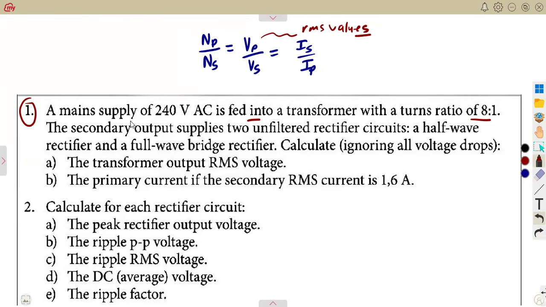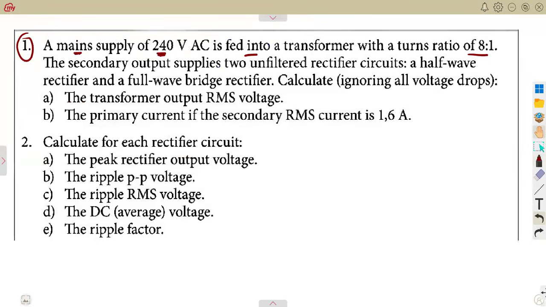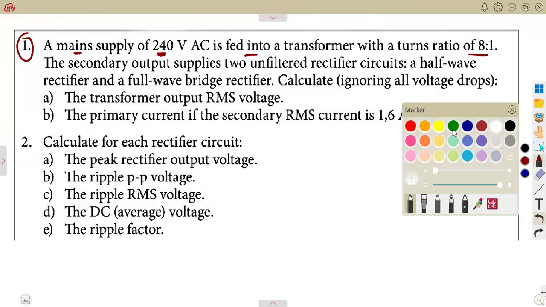They were given that it is fed with the supply in the mains. So this is the mains, meaning to say we are talking of the primary voltage. Like I said, these are RMS values, remember, from our info. So the voltage that we are given is the RMS voltage.